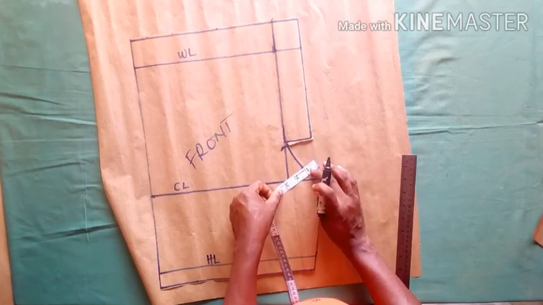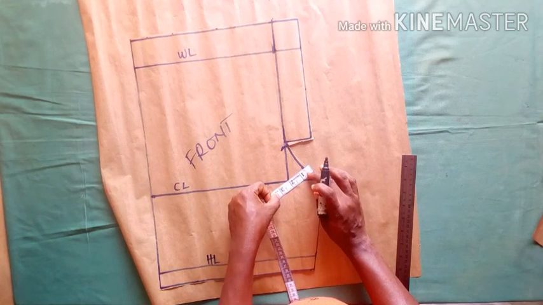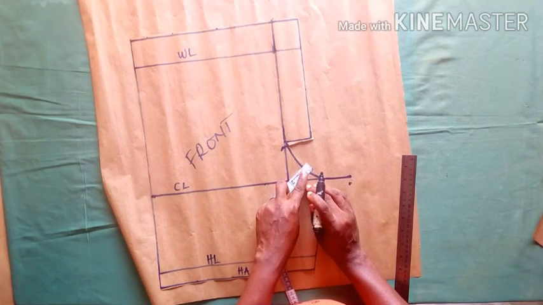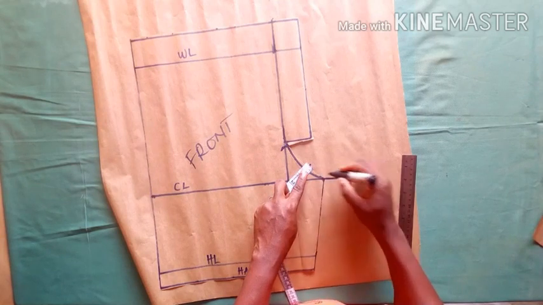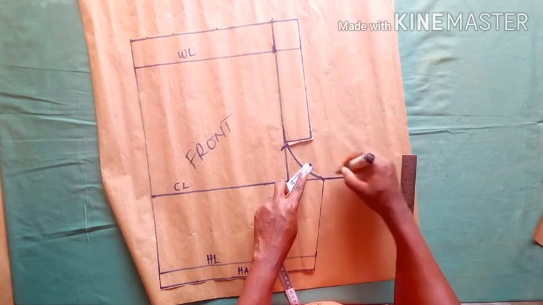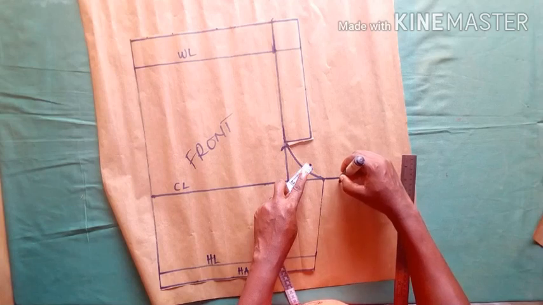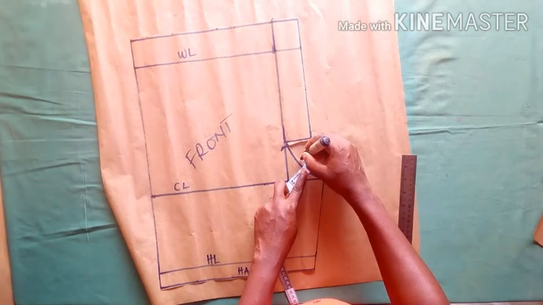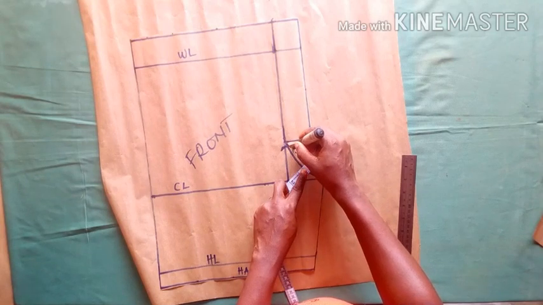So I'll come here, I'll measure 2 inches diagonally, the way I did for the front. I'll measure 2 inches, and the 2 inches will be connected to this line, like so. So I'm representing it with a dot.